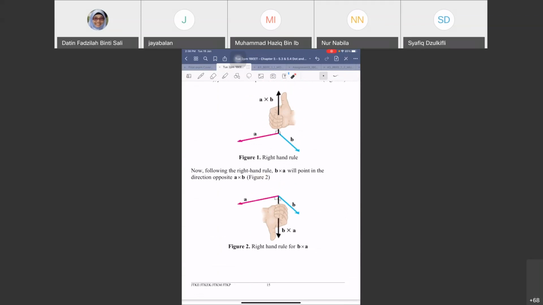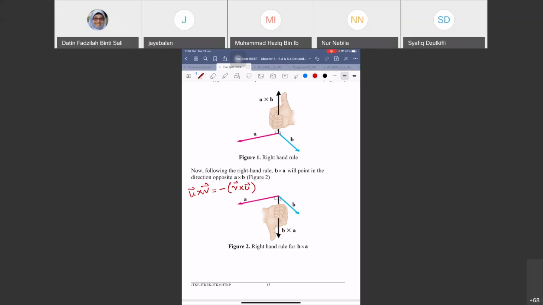From these two diagrams is when the mathematician deduced the first property just now, where we said u cross v equals the negative of v cross u.